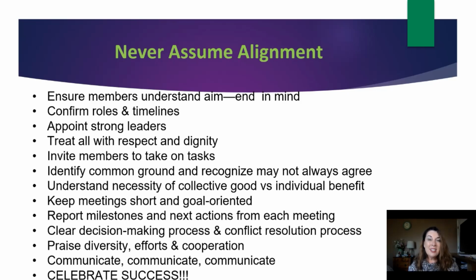So it's important to stop and ensure that members understand the aim, the end in mind, the ultimate goal that you're working towards, but also to not assume roles and timelines, and to explicitly state them in each of your meetings. So who is doing what, and in what timeline.